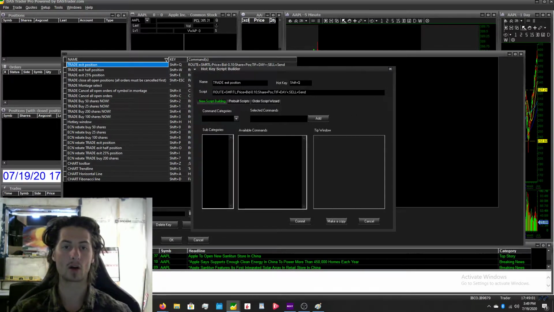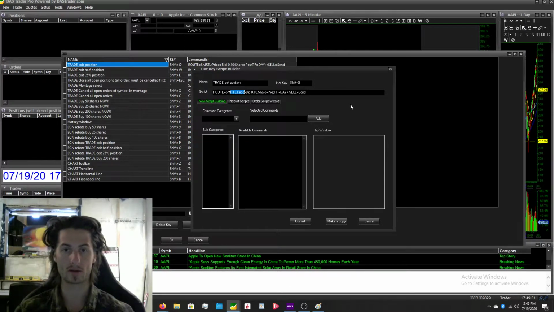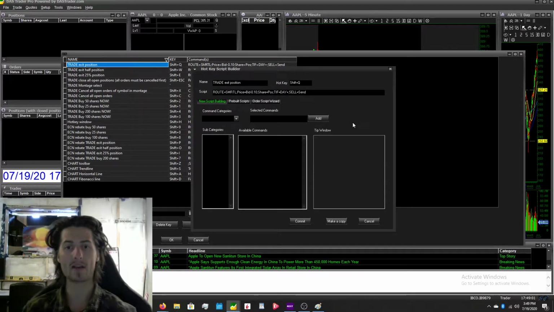So basically, here's the code for this one. The root is smart limit. My Interactive Brokers account has this thing called a smart limit order, where it finds the best route and the best exchange based on some parameters you have.